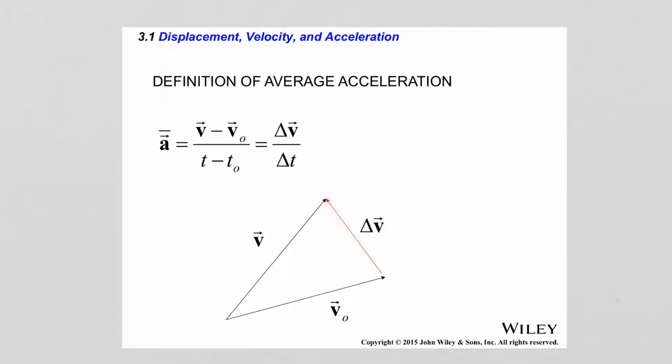delta v. So let's talk a little bit more in detail of how this triangle comes to be. I will start with a two-dimensional coordinate system, x and y. And now let's draw the initial velocity vector starting at the origin of this coordinate system. So this is the initial velocity vector.